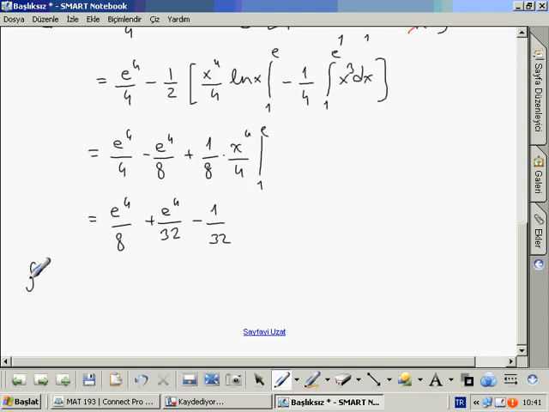So the integral from 1 to e of x cubed times ln x square del x equals 5 over 32 e to the 4 minus 1 over 32. Okay.